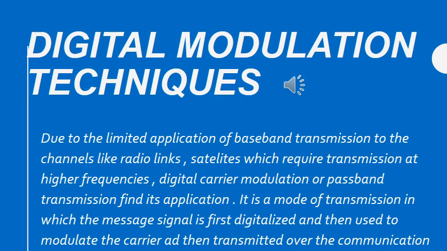Now we are going to discuss a new type of modulation, known as digital modulation or passband transmission. This type of modulation can be used to transmit a signal over radio links and satellites.